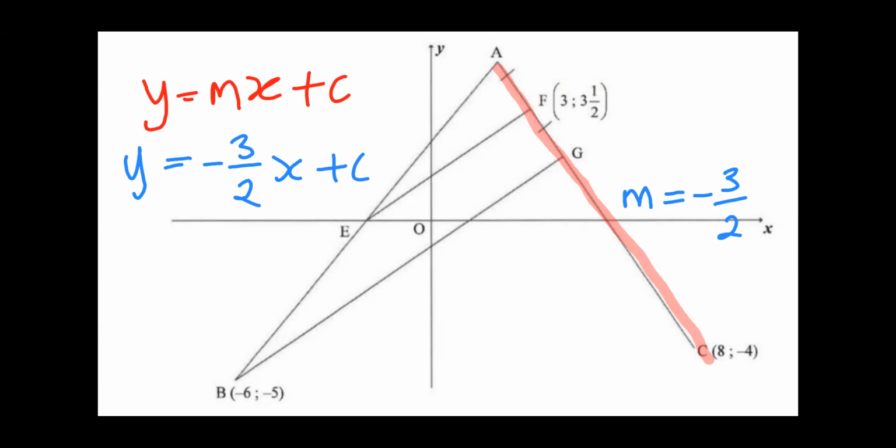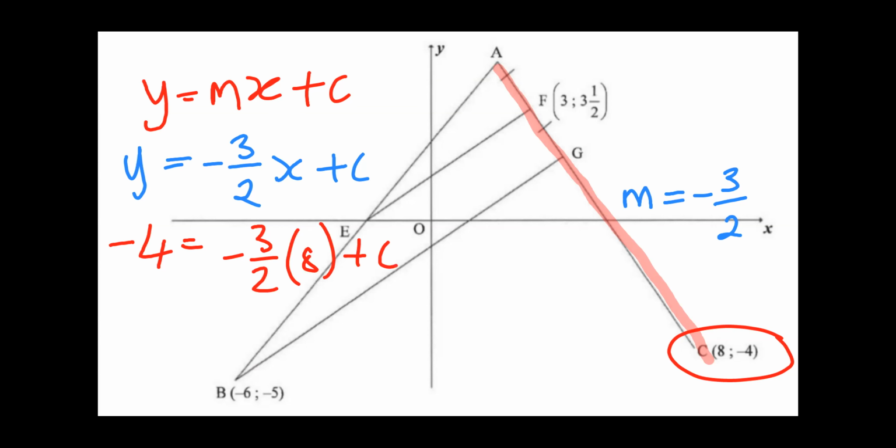Perfect. Okay. So let's substitute the point that doesn't have fractions. I'm going to substitute point C just because this one doesn't have any fractions. So y will be substituted with the -4 coordinate, the y coordinate, and x will be substituted with the 8, the x coordinate.